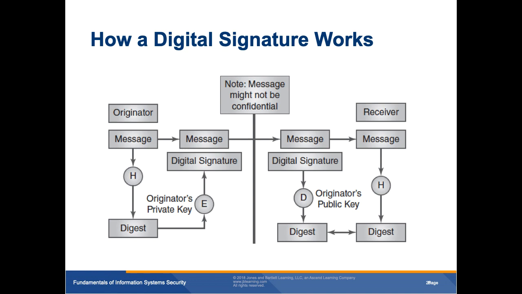I basically explained that, but basically you're hashing the message, signing it with your private key, and only you can sign it with your private key, and thus anybody with your public key can verify that you signed the message.